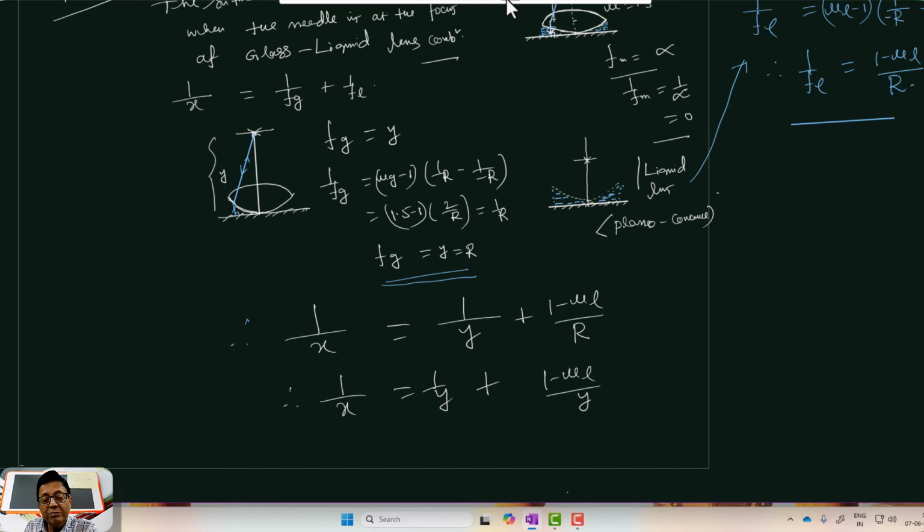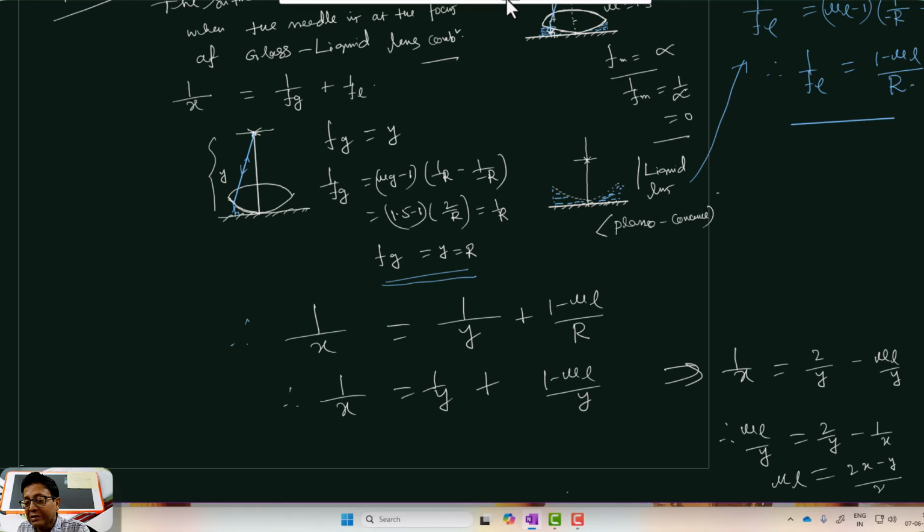This implies 1 by X equals 2 by Y minus mu L by Y. Therefore, mu L by Y equals 2 by Y minus 1 by X. So mu L is going to be (2X minus Y) by X, if you multiply both sides by Y. Hope you have understood.